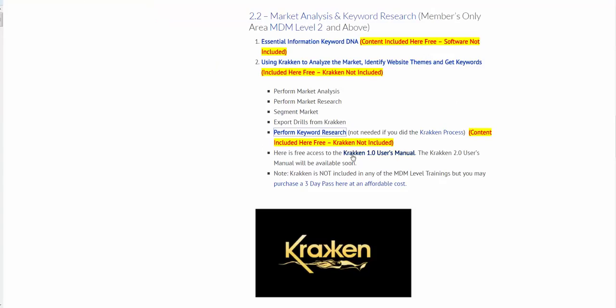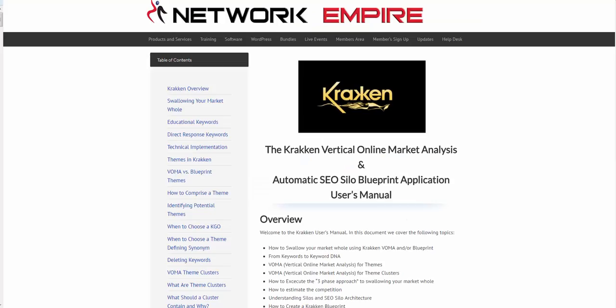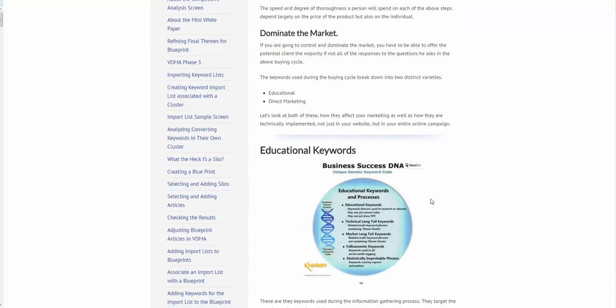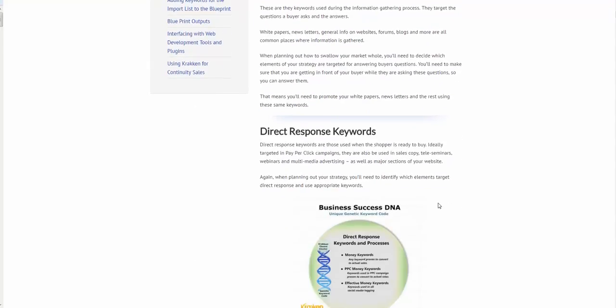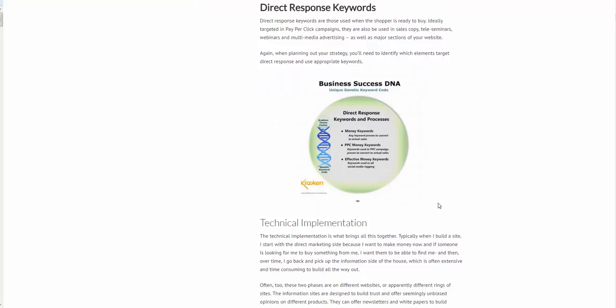Now, we have also included the Kraken 1.0 User's Manual, and that's pretty cool. The Kraken 2.0 User's Manual will be done shortly and might even already be here by the time you see my little video here. So thank you. It's a pretty amazing document. The Kraken Live Manual is, even if you're not using Kraken, an educational process.